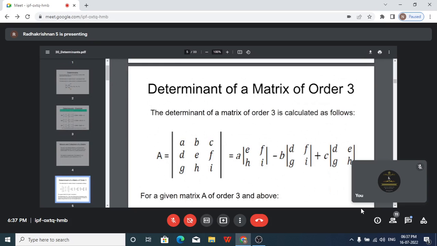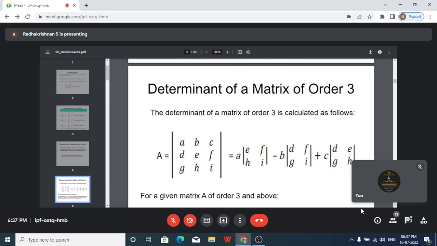Okay, so if this is a matrix A B C D E F G H I, its determinant is calculated as A into its cofactor. Okay, for A's cofactor, we delete the row and column where this A is. Then what remains is E F H I. So A into this smaller determinant.